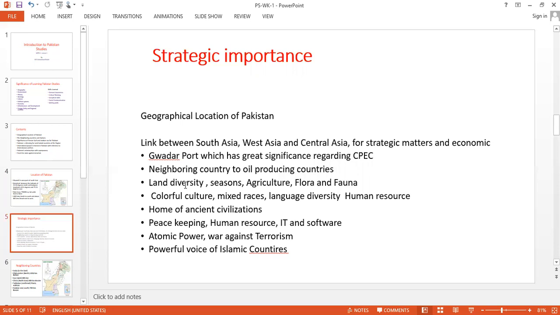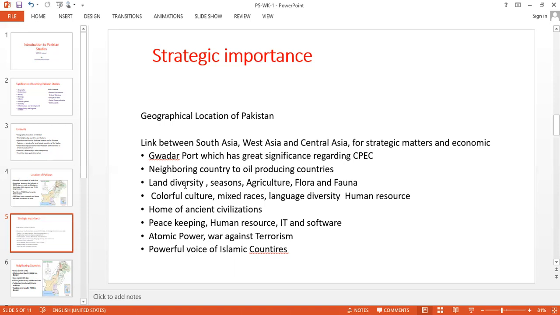But Pakistan has a variety of lands: the highest mountains, peaks, glaciers, rivers, lakes, colors, flowers, forests, agriculture, and much more.